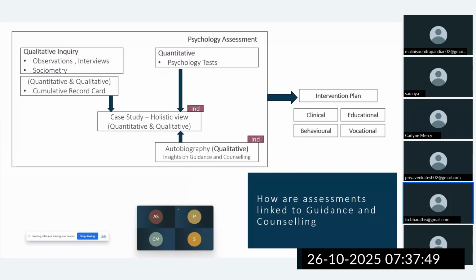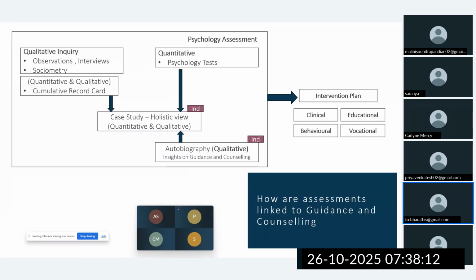For them to do it, the left side shows all the tools that are available. One tool is predominantly the psychology test, right? Your aptitude test or your performance test, which focus majorly on quantitative measures. There are qualitative tests as well, but I have mentioned quantitative because the majority aligns with that.